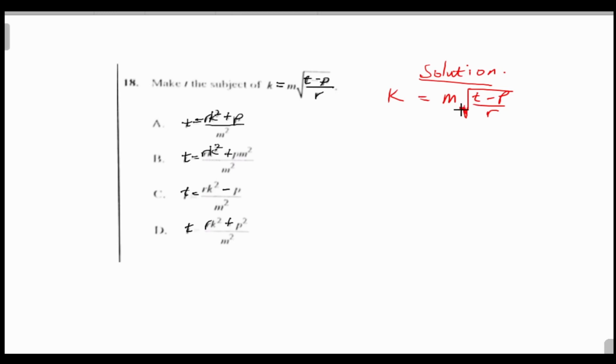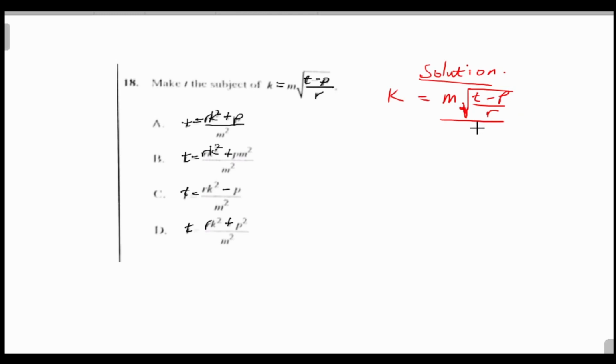The first thing we would like to do is to move this m to the left hand side, and here we are going to use inverse operation. Since this m is multiplying everything in the square root, to remove it we use the inverse of multiplication, which is division.